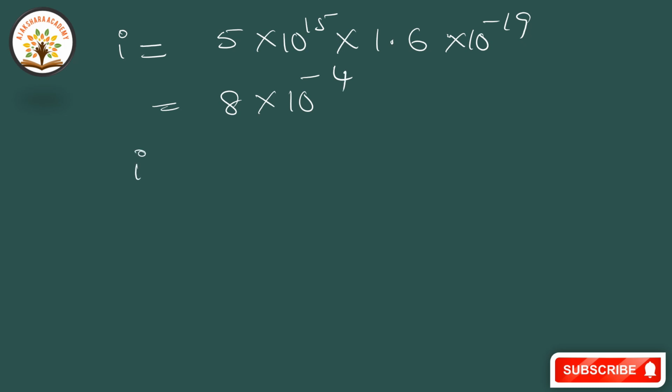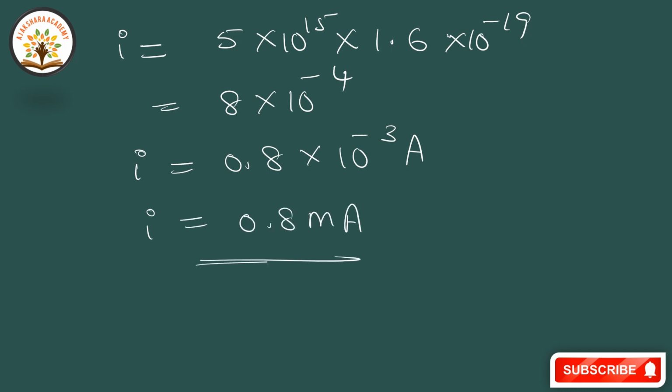So I is equal to 0.8 into 10 to the power of minus 3 amps, or this can be written as 0.8 milliamps.